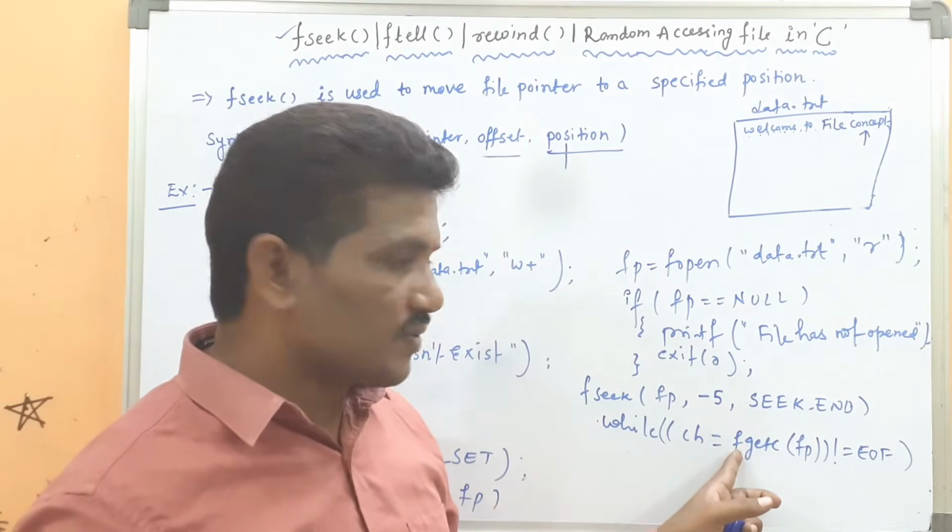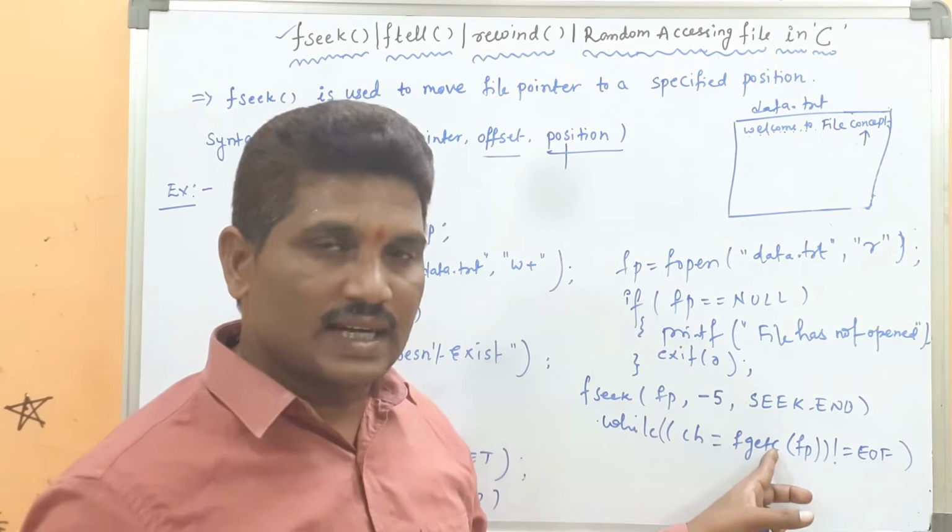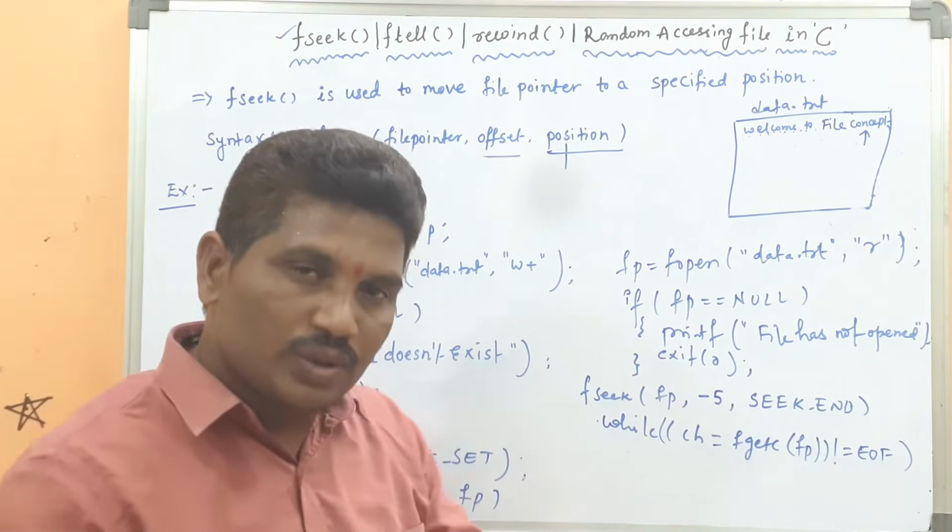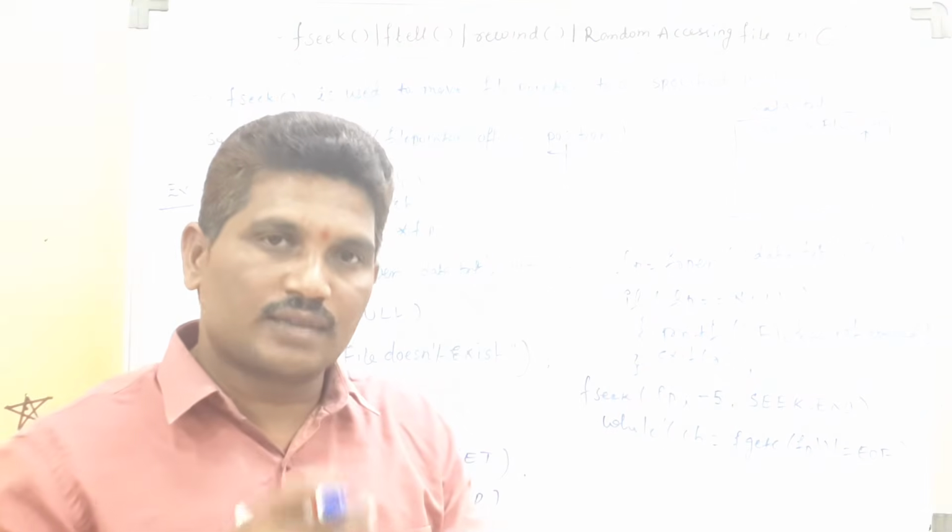F stands for file, get c, c stands for character. Here a string can be written into the file, but I want to read character by character from your file.